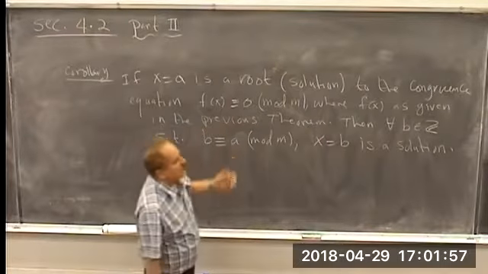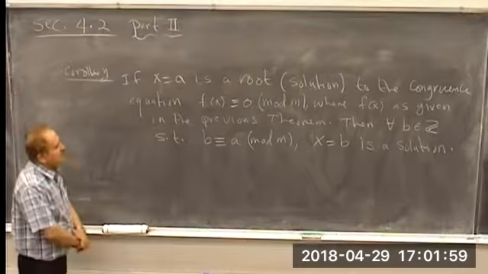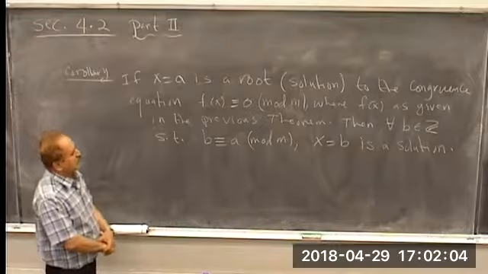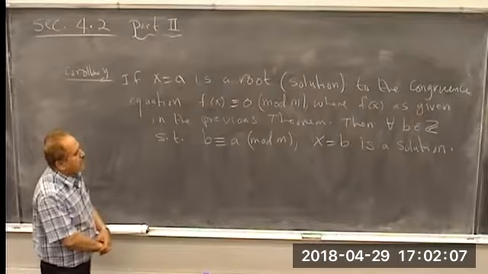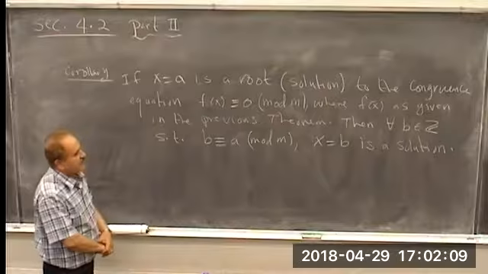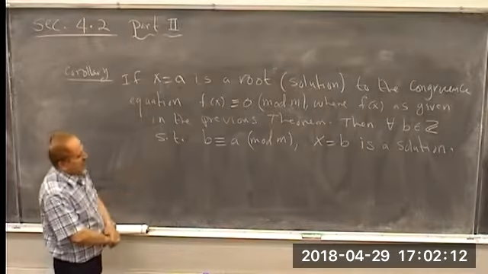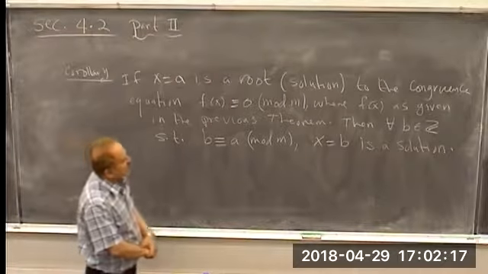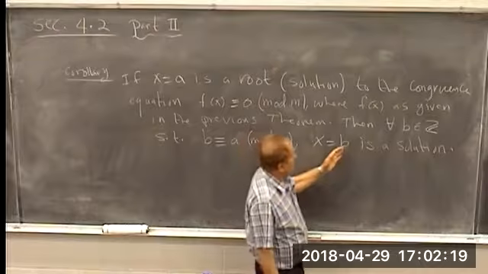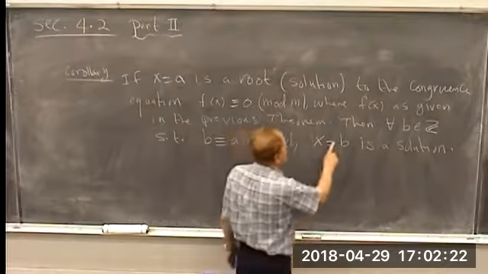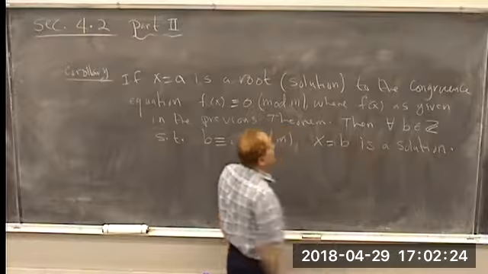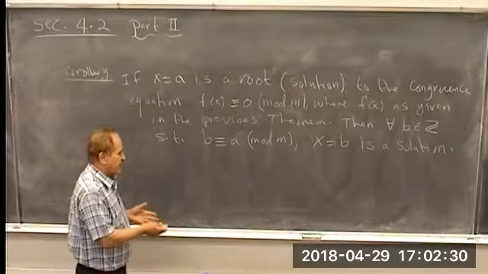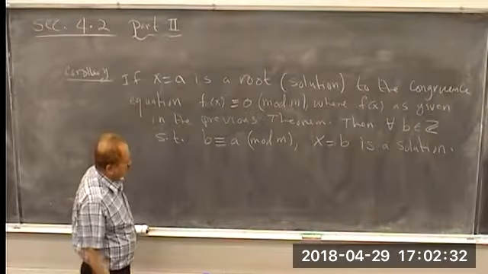And later on in this chapter, in section 3.4, we're going to be talking about a specific type of congruence equation, linear ones. We're going to apply this corollary and see all those solutions. They are not going to be different up to mod m. Okay, so they are distinct. In other words, they are not mod m distinct.